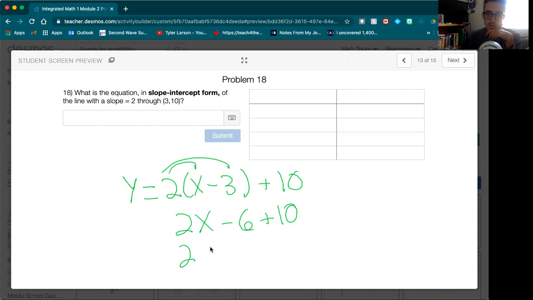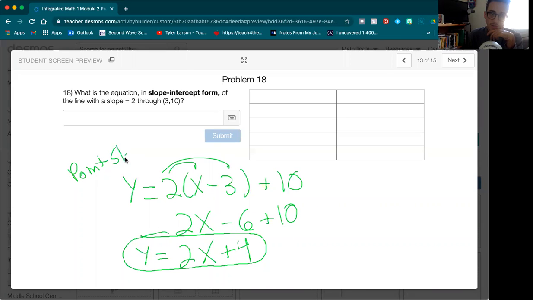Collectively, this is going to be 2x plus 4. There you go. That's your equation. And again, this was from we're starting in point slope right here, but then ending in slope intercept form, which is y equals mx plus b.